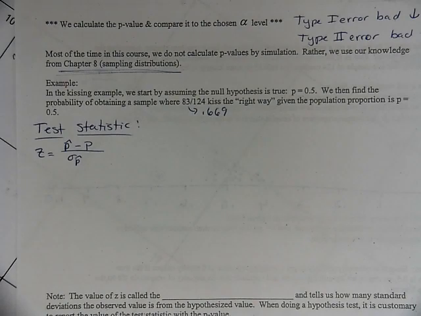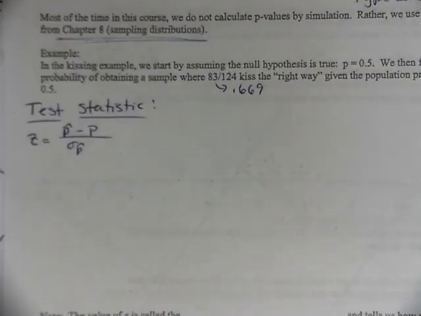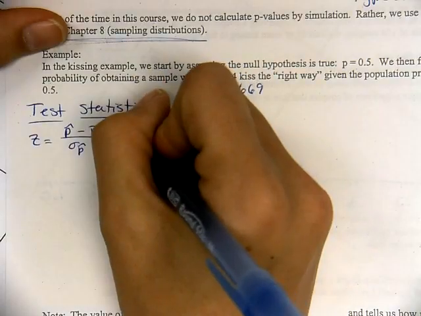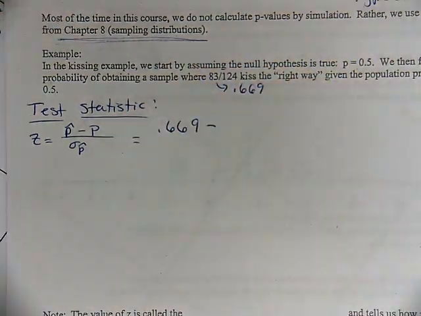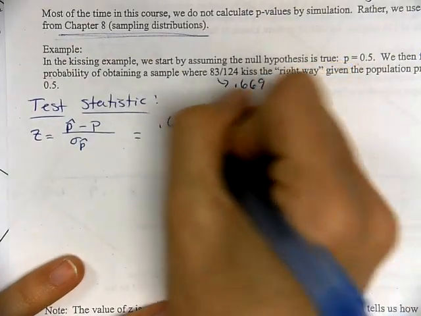So that's why you have to remember your Chapter 8 stuff. We already have p hat in this example. It's 0.669. Your p is whatever your hypothesized value is in your H0 and your Ha, so here's 0.5.